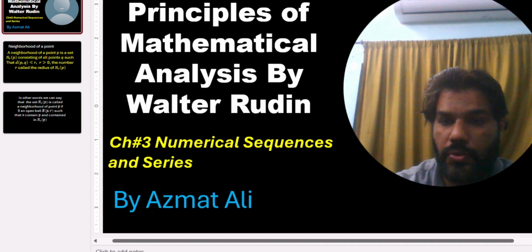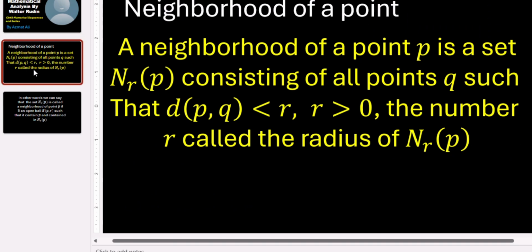Before starting the theorem, we will use some basic definitions, that is, the neighborhood of a point, which we actually discussed in chapter number 2, the topology. Neighborhood of a point, how can we define this? This definition says a neighborhood of a point P is a set N_r(P). A neighborhood of a point is always a set.